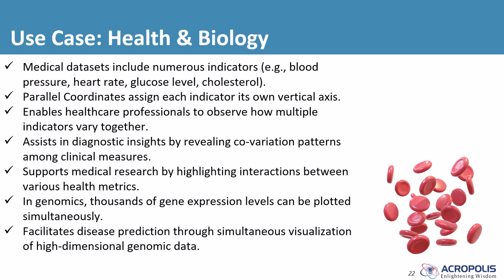Assists in diagnostics by revealing covariation patterns among clinical measures. Supports medical research by highlighting interactions between various health metrics. In genomics, thousands of gene expression levels can be plotted simultaneously. Facilitates disease prediction through simultaneous visualization of high-dimensional genomic data.